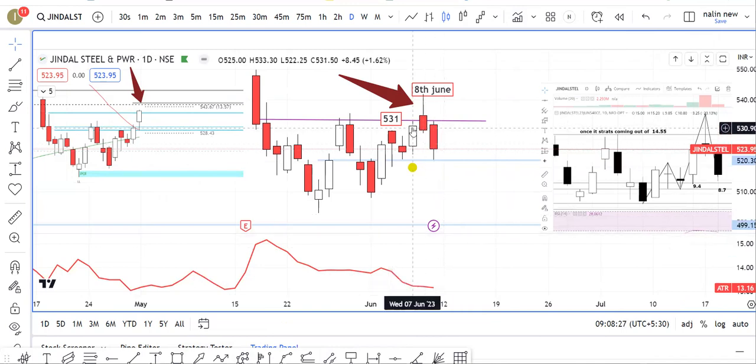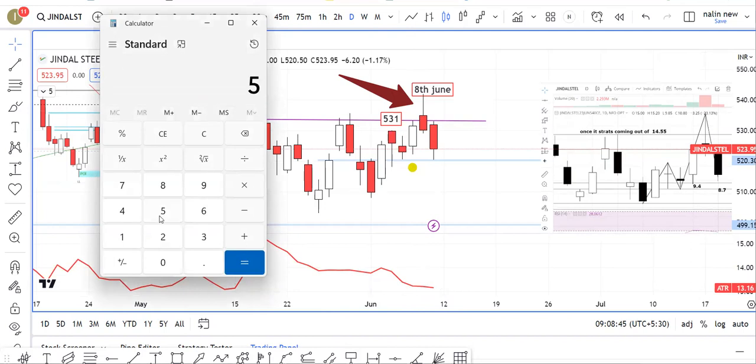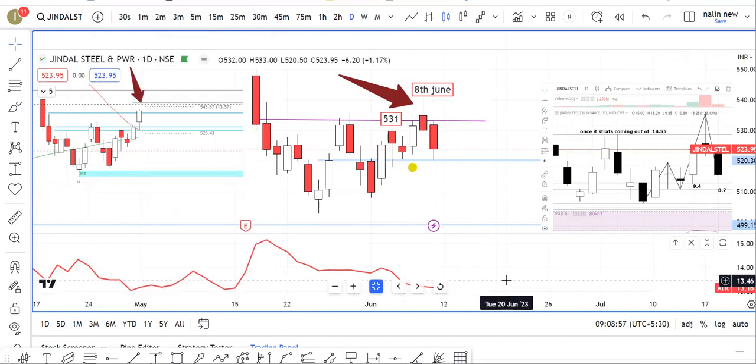Here, from 533 it opened around 534 and made a low of 529 to a high of 542. 542 minus 529 is 13 rupees. That is the average true range of the stock.